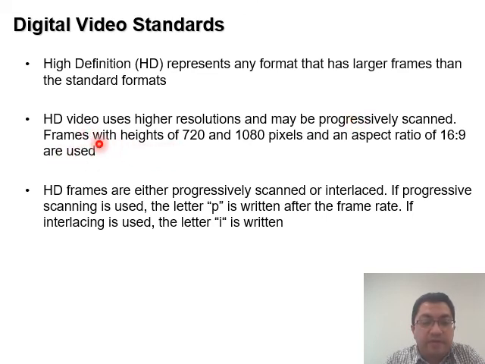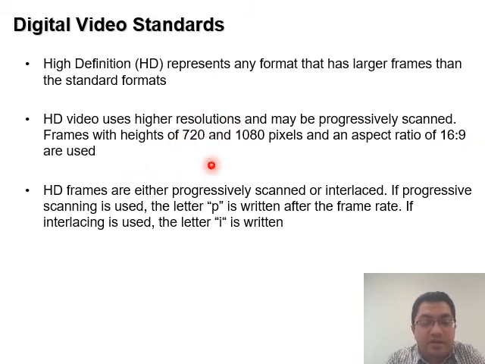They have frames with heights 720 and 1080. These numbers are much higher than what's used in PAL and NTSC. The PAL standard uses, as we said, 576 lines, while NTSC uses 480 lines. Now we're talking about 720 and 1080, and also an aspect ratio of 16:9.